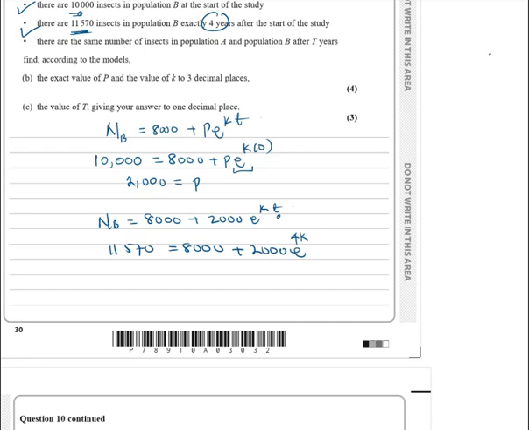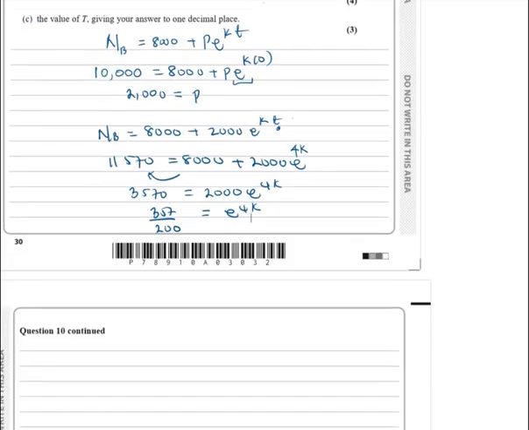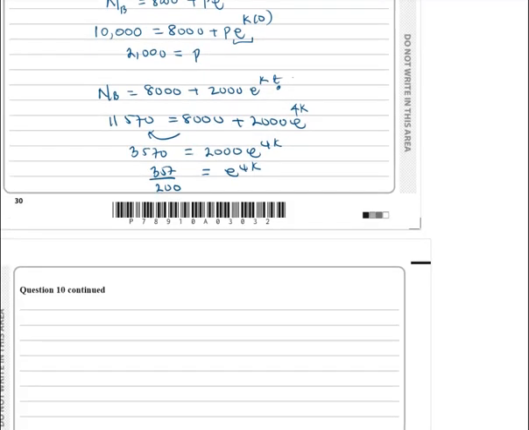Now let us try to calculate this. You're going to subtract this onto the other side, and at the same time divide. All right, just write it here: 3,570 equals 2,000 e to the power of 4K. Guys, you can skip some of these steps here, but I'm writing everything because I'm trying to explain. So this is going to be 357 divided by 200, I'm cancelling some stuff out. All of this is equal to e to the power of 4K. Now what we do, we take the natural logs on both sides.